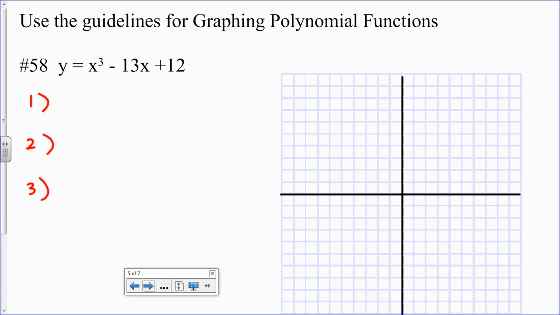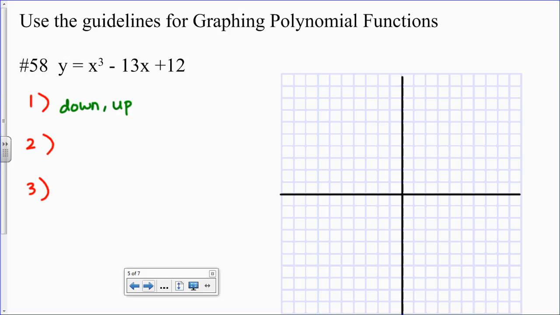But it's in standard form, which I can look at and tell what my degree and leading coefficient are, so I can tell the end behavior right away. So what's the end behavior for this one going to be? Yep. Again, down, up.